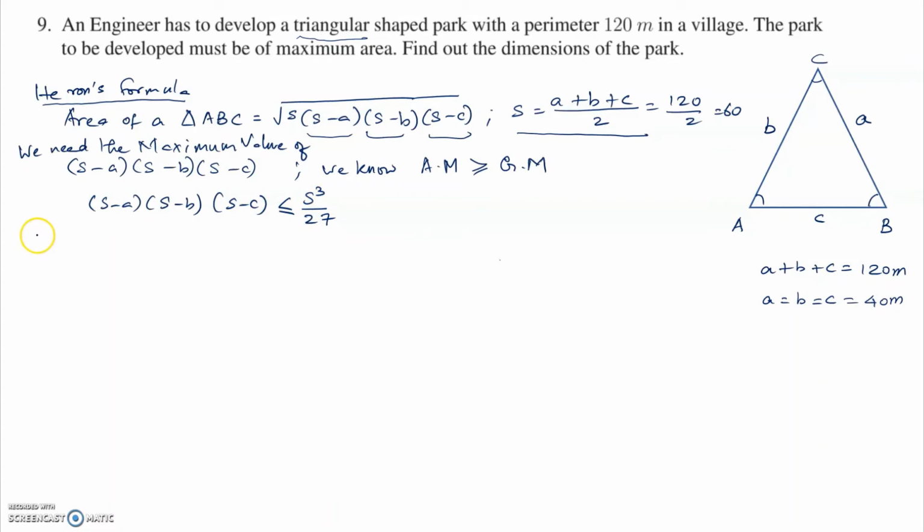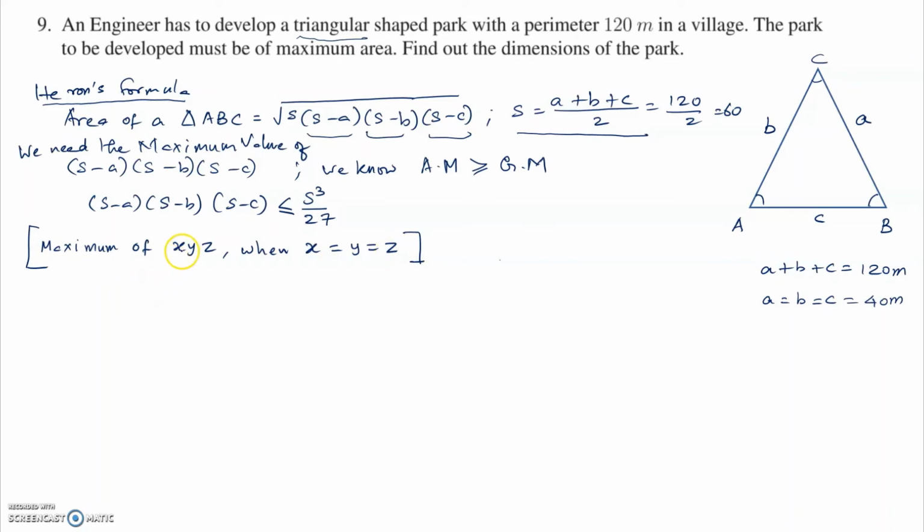Another thing we need to understand here, which is given in your example, is that when you're given x, y, z as a product, the maximum of x, y, and z occurs when x is equal to y is equal to z. This is already given in your example problem.